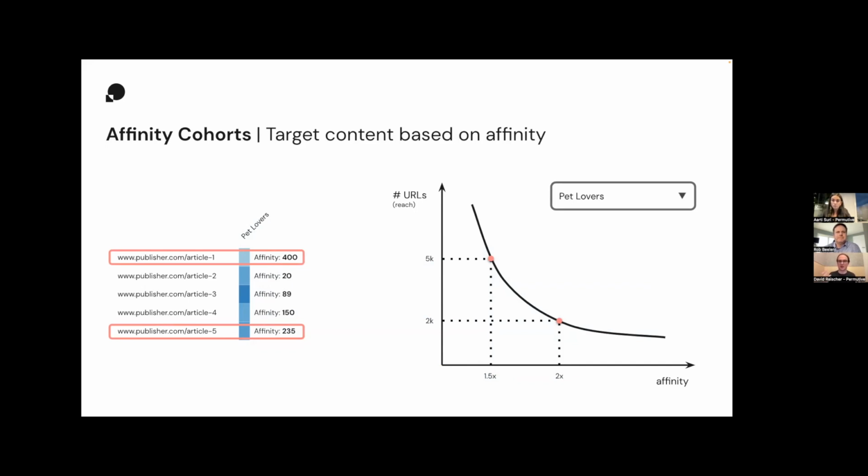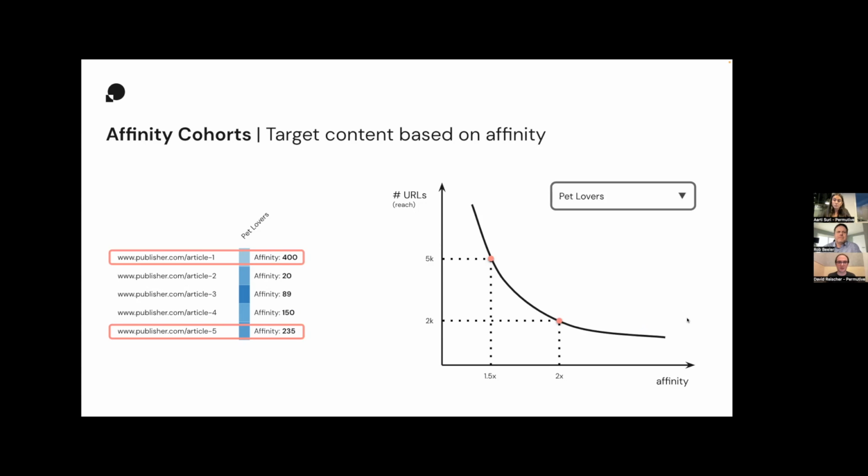You can say, I want to only target on pages where, in this case, my pet lovers cohort has an affinity of at least 5x with relatively low scale, or you could go down the affinity curve and achieve more scale. Just really want to reiterate what I said earlier, that in contrast to lookalike models, where we train models across audiences, those are predictions against URLs, not specific users.